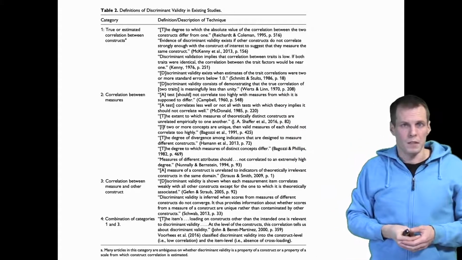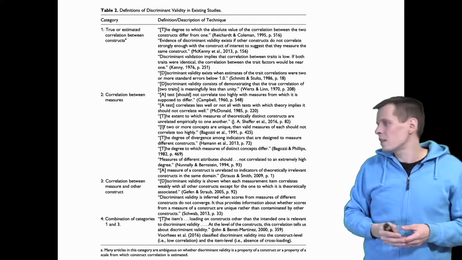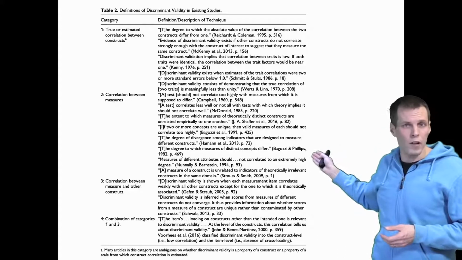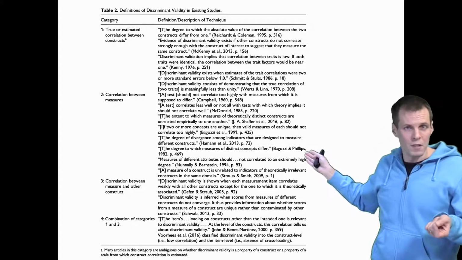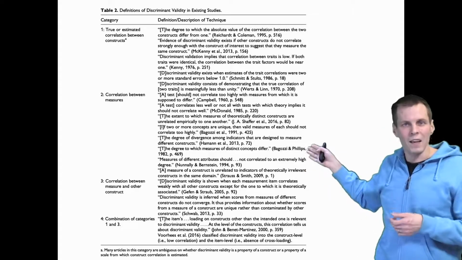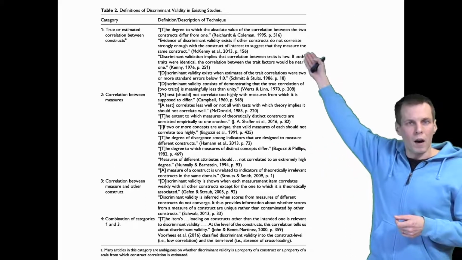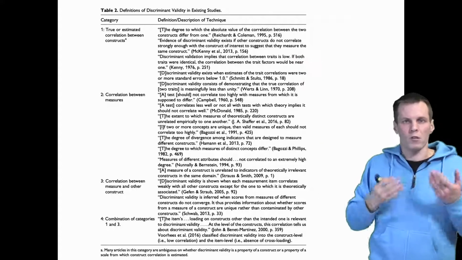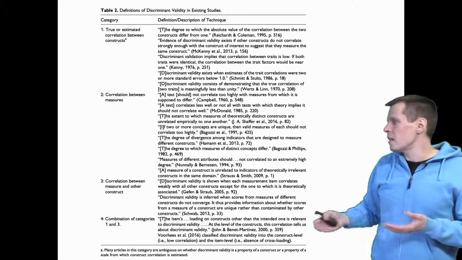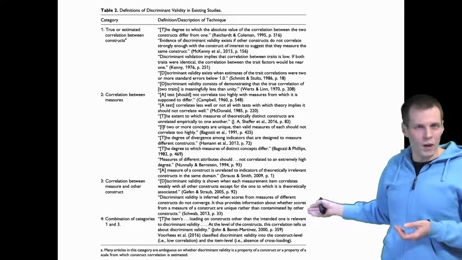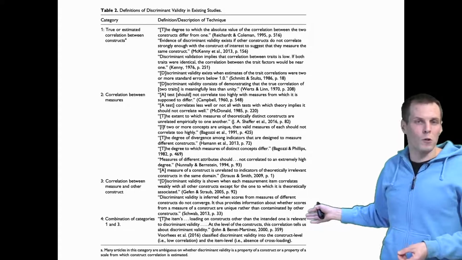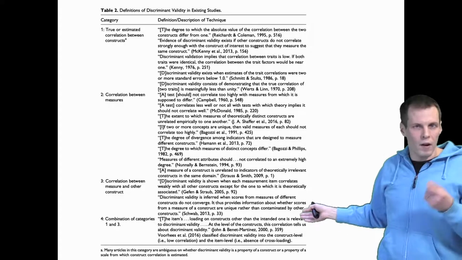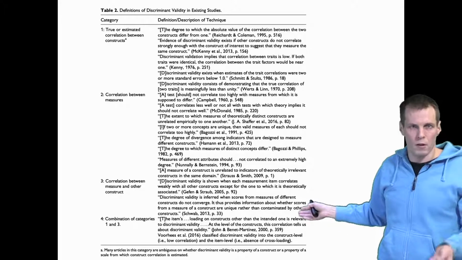Another group of researchers thinks that discriminant validity is correlation between measures or the items. So it's more related to the data than to what the data are measuring or what representations we construct from those data. Then there are definitions that are closer to factorial validity: whether items measure what they're supposed to measure, not something else.